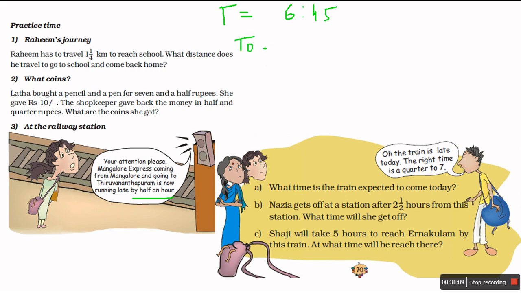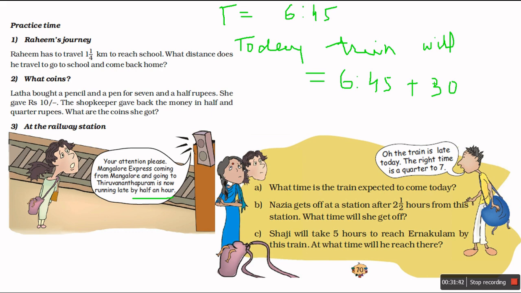Today the train will come at 6:45, the usual time, plus 30 minutes late. So what is the time after 6:45? 30 minutes. When it is 6:45, what will be the time after 30 minutes?